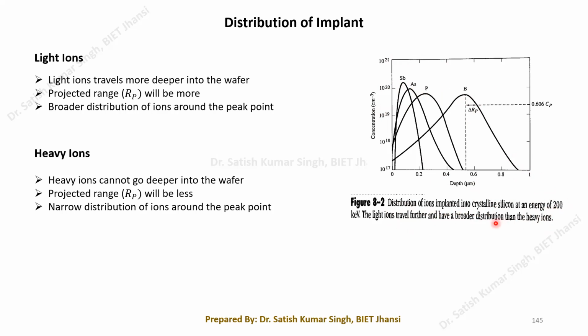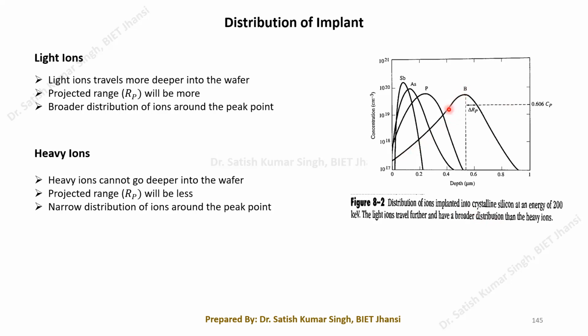We have accelerated them in such a way that the maximum energy, or impact energy, of all these ions is the same. So when the initial energy of the ion beams equals 200 kilo electron volt, the experiment was conducted with different materials.